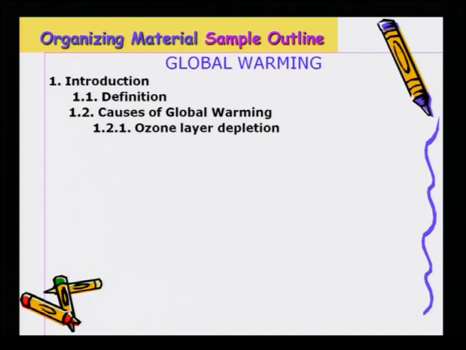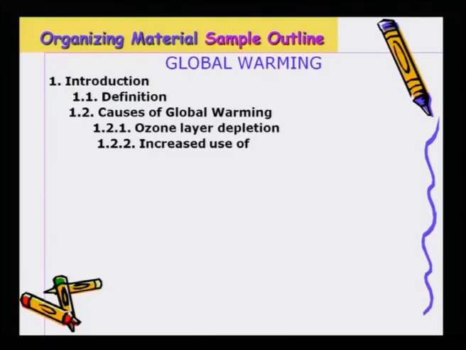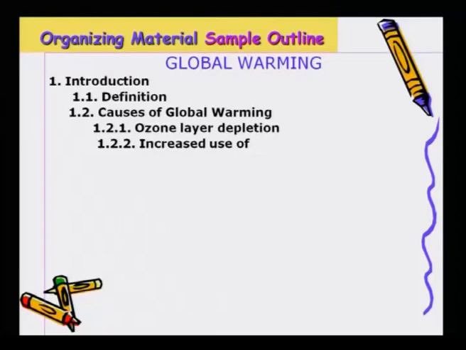So, you may talk about the scientific definition of global warming, followed by the causes, why and how global warming is happening, and then you may talk about some causes here itself. For example, you may talk about ozone layer depletion and then the increased use of chlorofluorocarbons. Now, all will come under introduction itself.